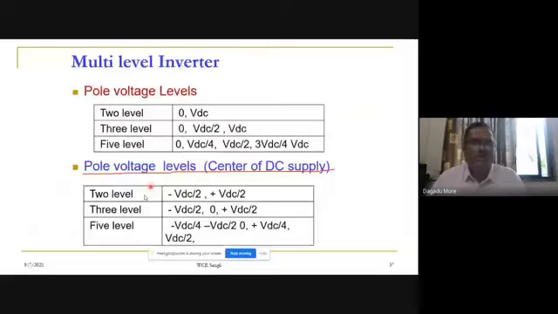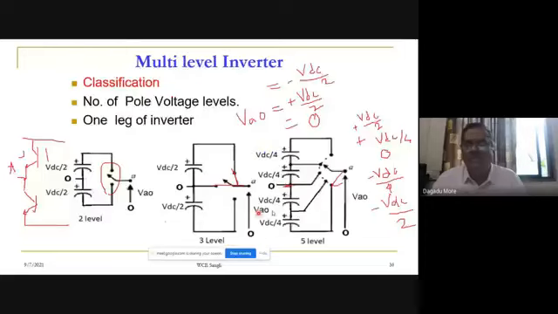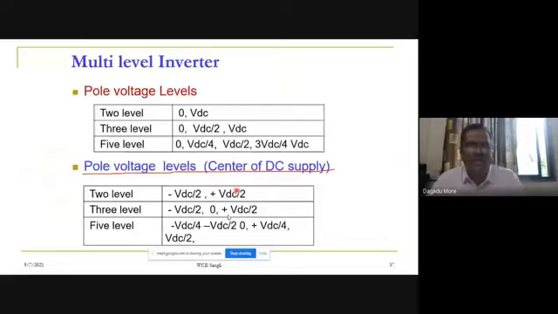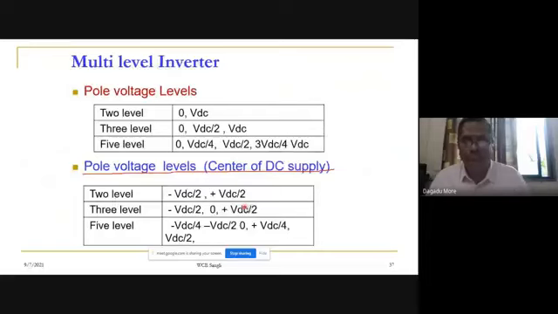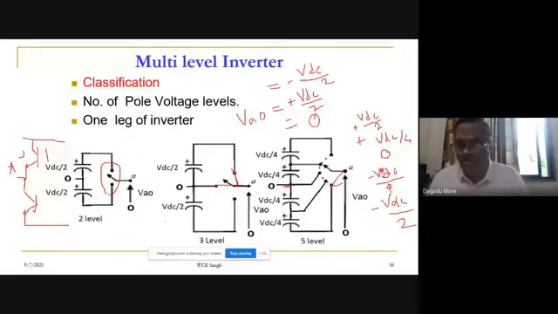This is the 3 level: minus VDC by 2, 0, plus VDC by 2. And the 5 level: minus VDC by 2, minus VDC by 4, 0, plus VDC by 4 and plus VDC by 2. Those are the levels we obtain.